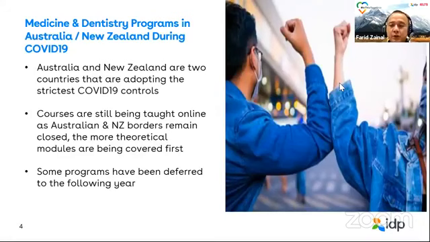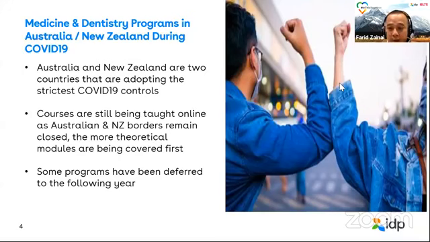So I'll start the presentation proper by addressing the elephant in the room: the largest for last year and hopefully not for this year, COVID-19. For the benefit of those who have not been keeping abreast with the situation in Australia and New Zealand, both countries have been very strict with the COVID control measures, if not the strictest.